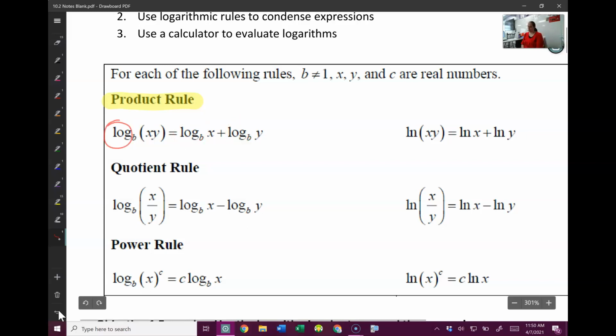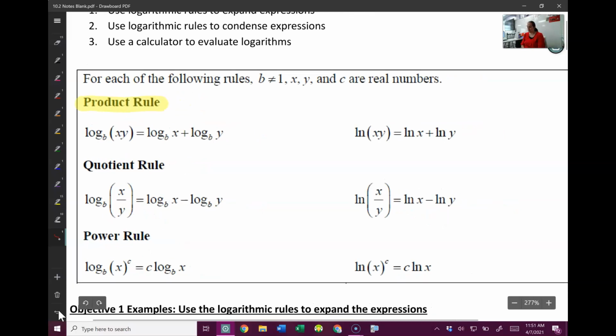And it changes one logarithm into 2 logarithms. That's what all these rules do. They expand the logarithms from 1 to more than 1 logarithm. But wait, there's more.